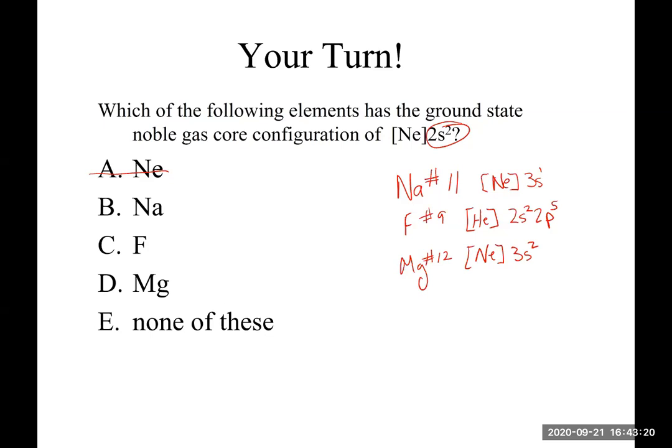Sodium is in shell 3. So you can see how the shell number at the left side of the periodic table is showing up in these electron configurations. And so it looks like this question with neon and then 2s2 is none of the above. It's not magnesium, because that 2 would have to be a 3 in order for that to be correct.